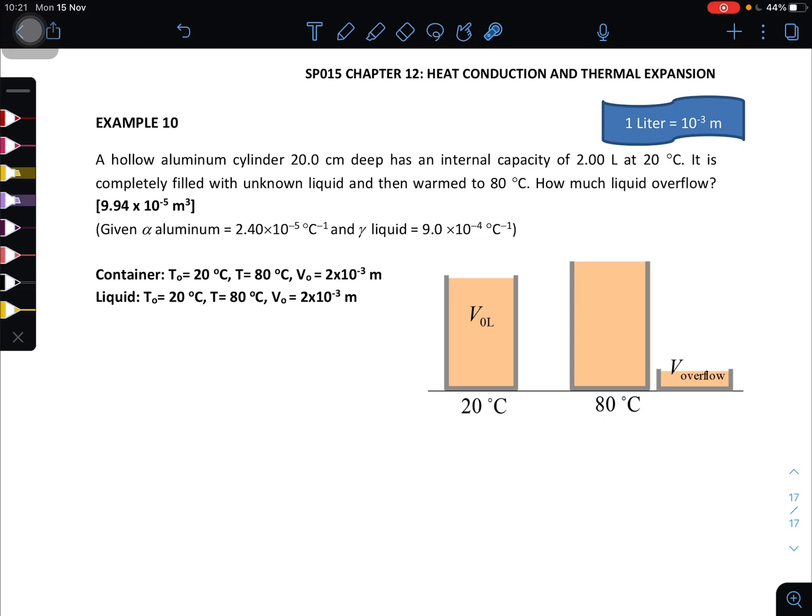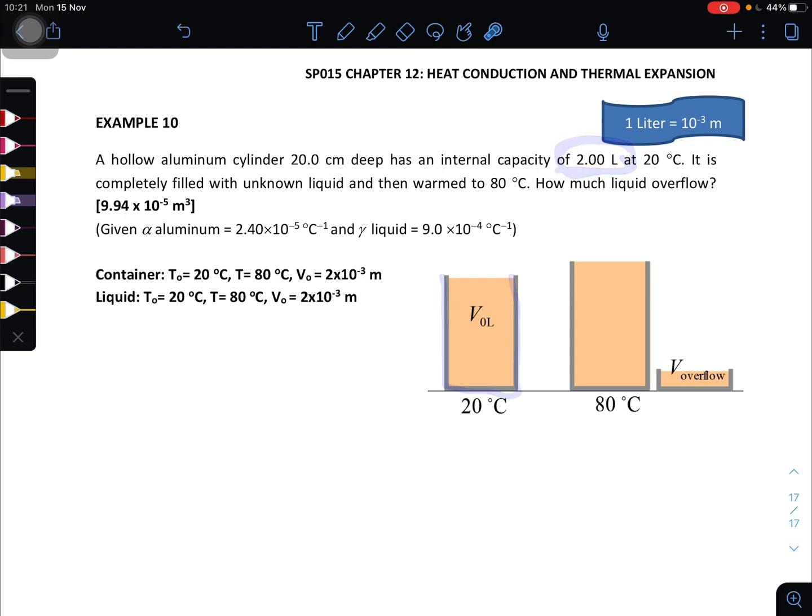Okay, so here we are given a cylinder here. So this cylinder is completely filled with unknown liquid. So maksudnya dia penuh lah. And then the cylinder has internal capacity of 2 liter. So cylinder ni volume dia adalah 2 liter.